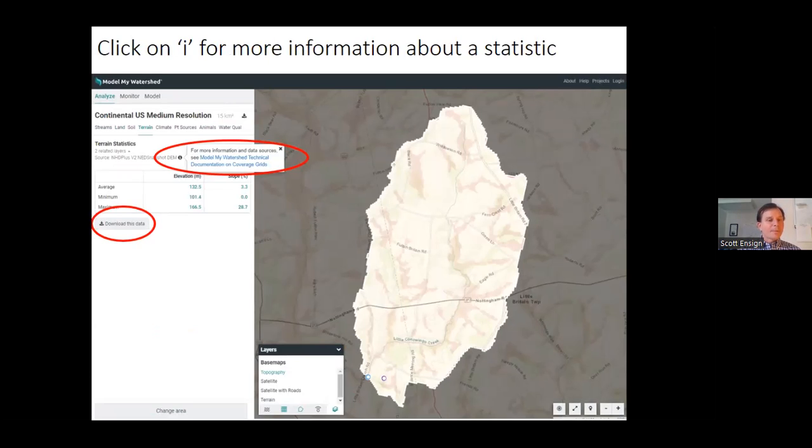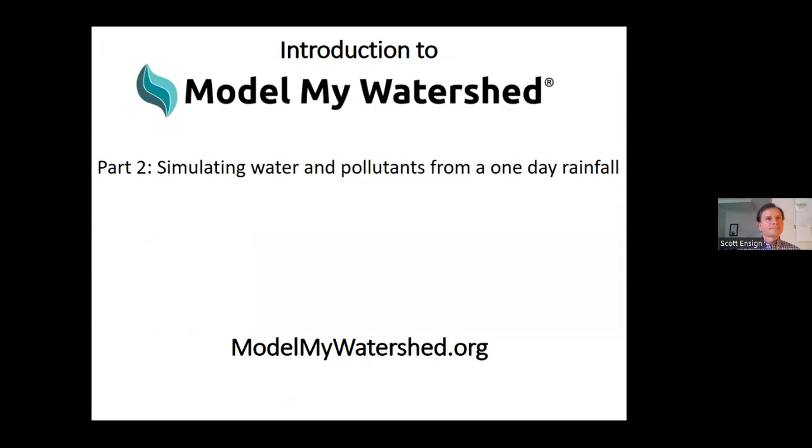So please remember to click on that icon for more information about a particular layer or summary that you're seeing. Note that you can also download any of these tables for use outside of Model My Watershed. And that concludes how you can use Model My Watershed as a very simple tool for visualizing what's within a watershed boundary.